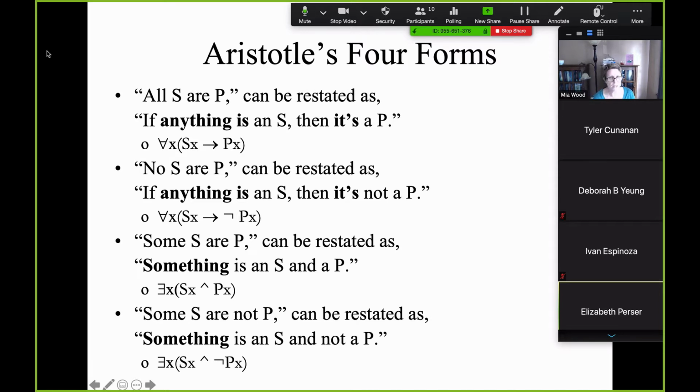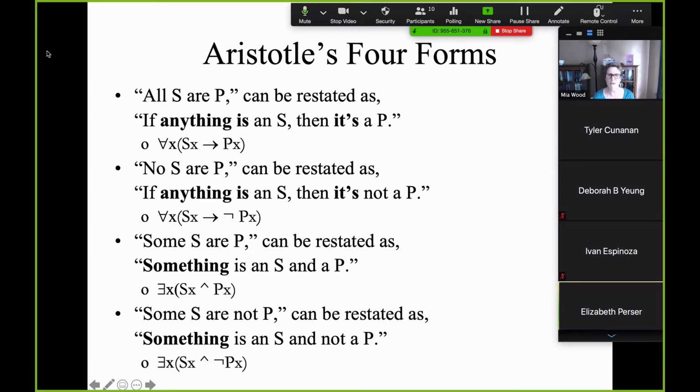So our standard translation of our universal affirmative is the upside down A with the variable immediately to its right, open paren, subject class variable. Yes, in our version of the system, the variables within the sentence are in a pair of parentheses, just like the individual constant, right?